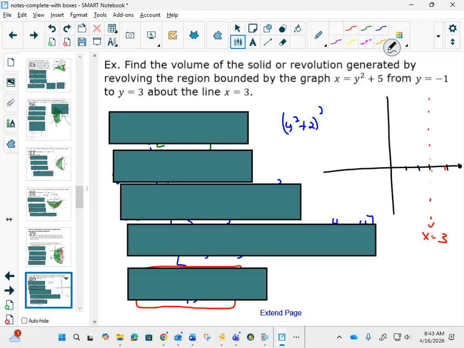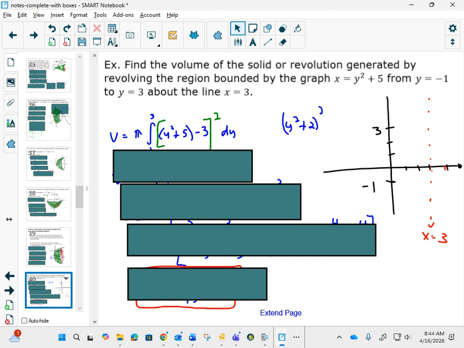And we're going from y equals -1 up to 1, 2, 3, up to 3. So we would have to graph x equals y squared plus 5. And we would want to take that area on this side and rotate it around that graph.